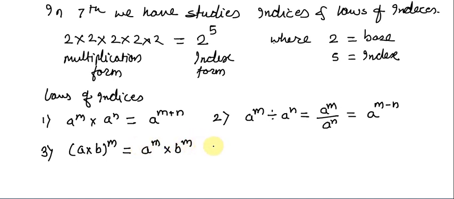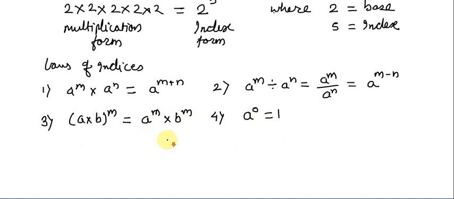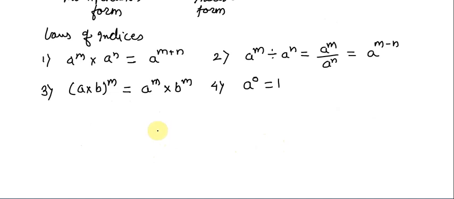In this way we can expand it. The fourth one is very basic: a raised to power 0 equals 1. Any real number having 0 as power, its value is always unity, that is 1.